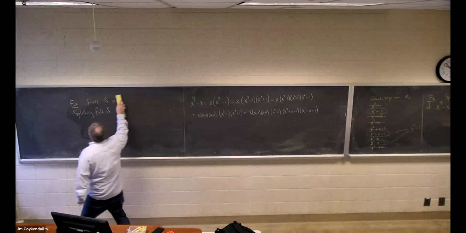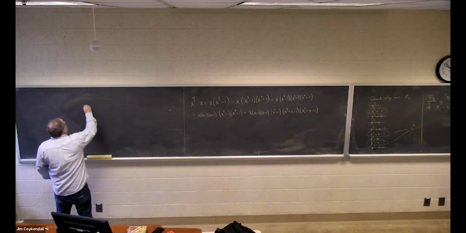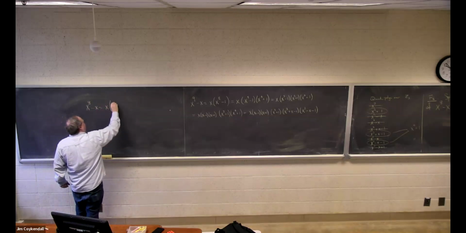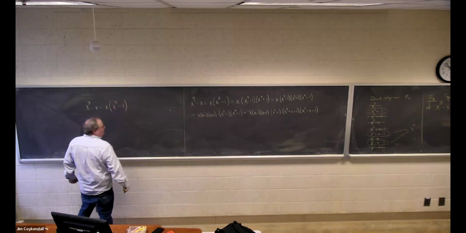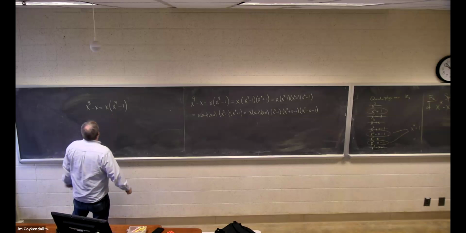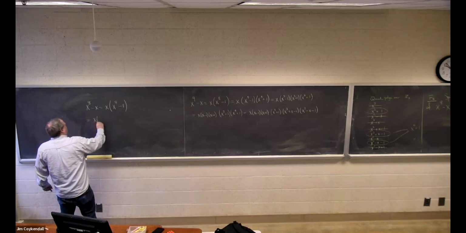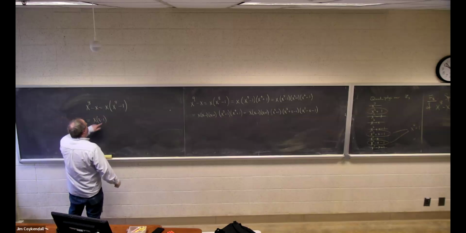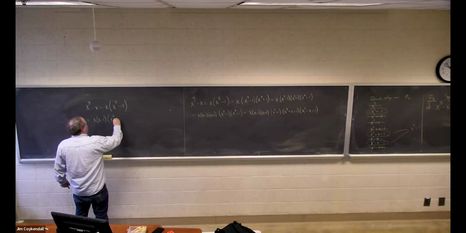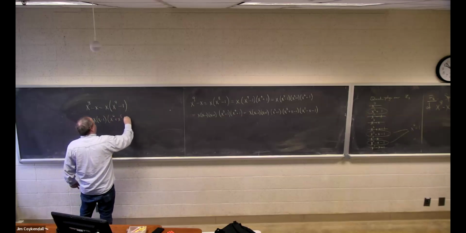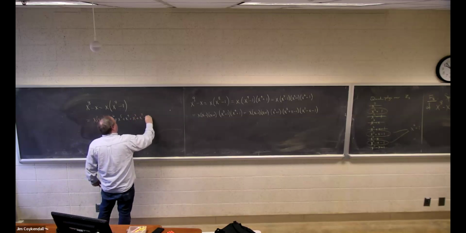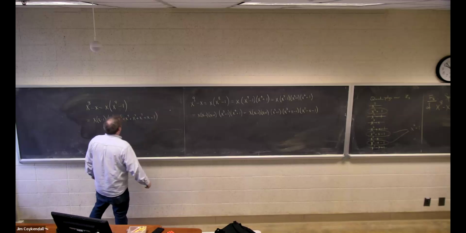Now, if I factor x to the 8 minus x, this is x times x to the 7 minus 1. Well, I can pull an x minus 1 out of that, giving me x to the 6 plus x to the 5 plus x to the 4 plus x cubed plus x squared plus x plus 1.